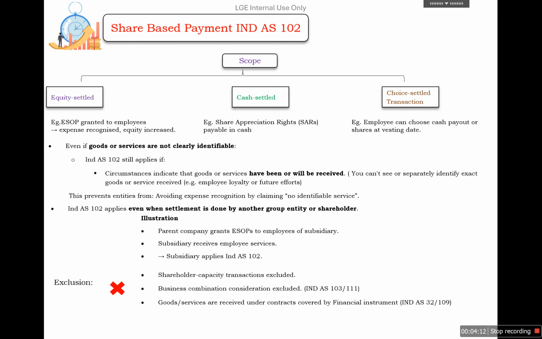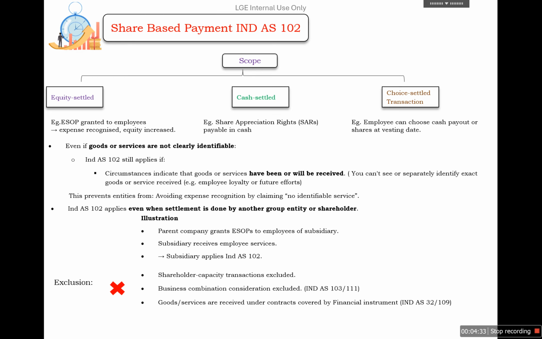There are some exclusions. Shareholder capacity transactions are excluded if those offers are issued to all shareholders. In that case, the employees, although they are employees of the company as well as shareholders, will be excluded.